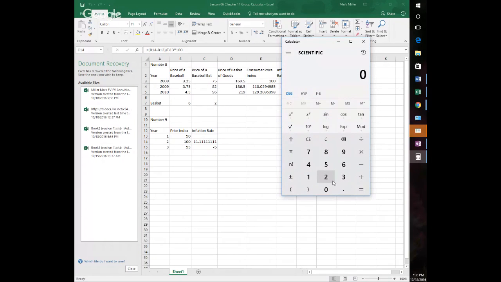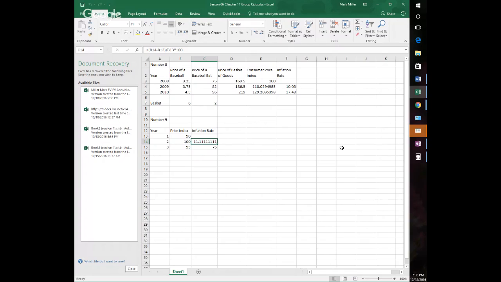So if we plug it in, 100 minus 90 is 10, and then divided by 90 times 100. Times 100? Yep. Okay. Maybe that's what I left out. Maybe I just did the minus and divide. I'll have to go back to my numbers. Thank you.